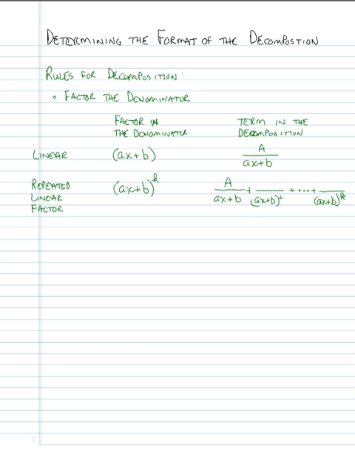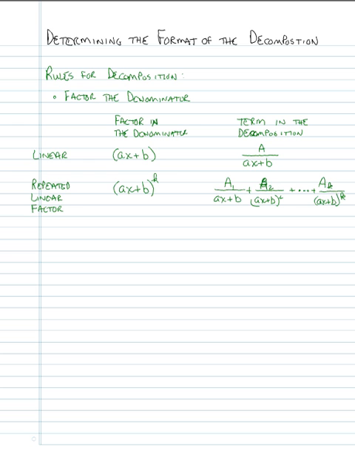So since the factor ax plus b is to the first power, maybe I should have called this a sub 1, and maybe I should call this one a sub 2. Then we'll have a constant, of course, for the numerator of that fraction. And all the way to the end, we would also have a constant numerator because the factor involved is ax plus b. Although it's to multiple powers, it's still just ax plus b.